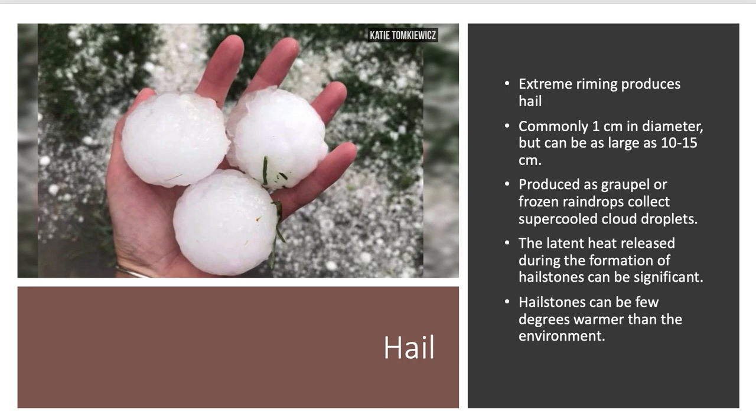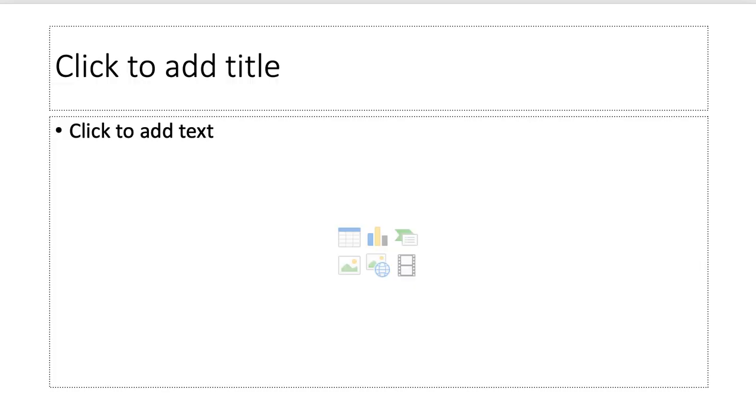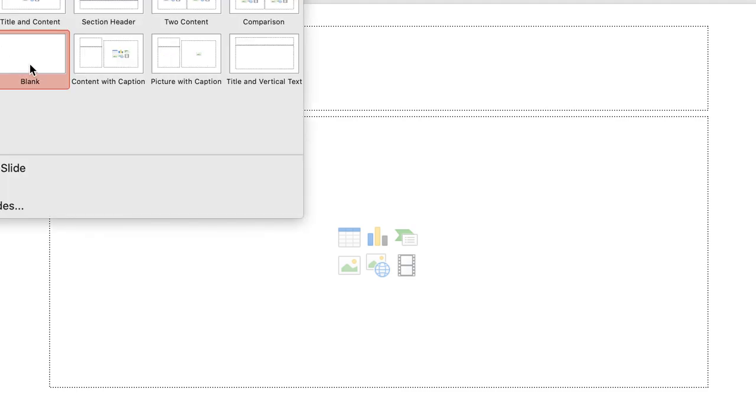We should add another category to this, a type of precipitation called graupel. Graupel is spelled GRAUPEL.